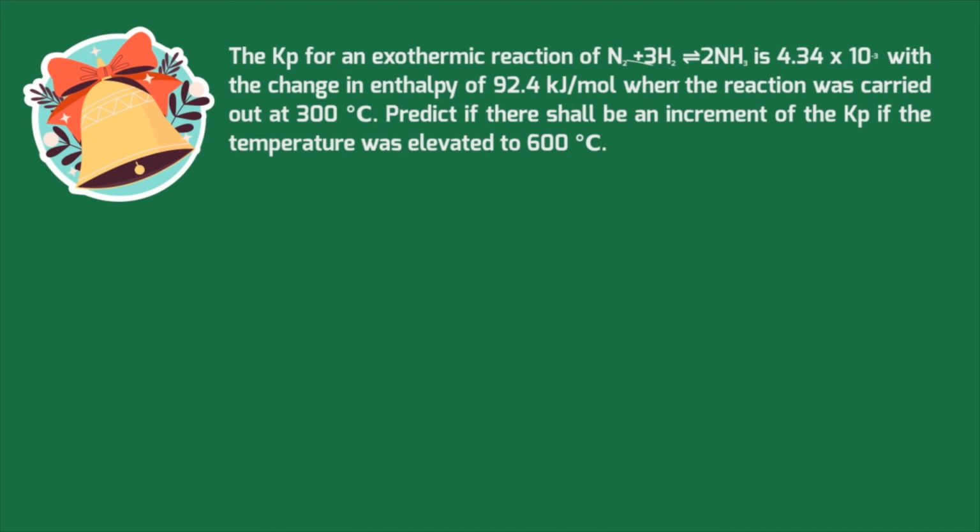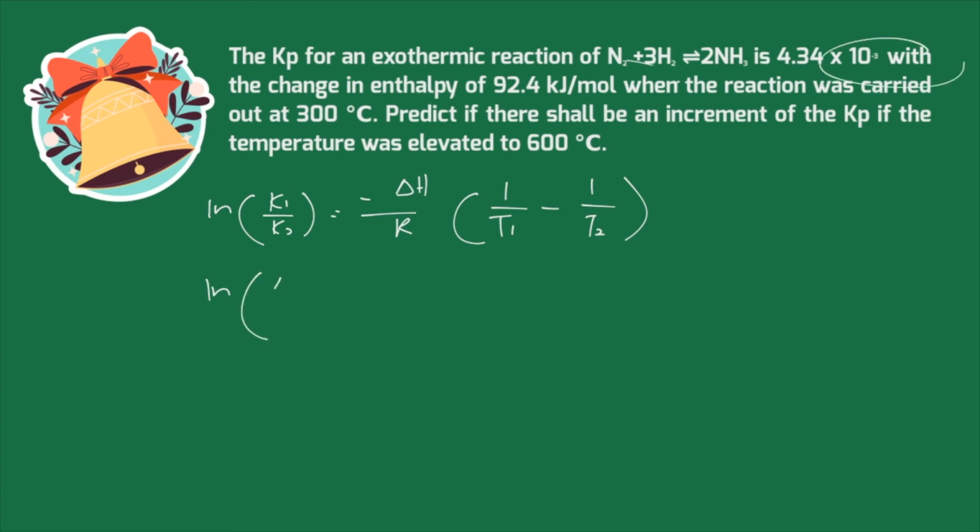So now what we are going to do is just plug in all the values that we have into the formula. So the formula is again ln K1 over K2 is equivalent to negative delta H divided by R times 1 over T1 minus 1 over T2. Right, so your K1 is the one given in the question, 4.34 times 10 to the power of negative 3.